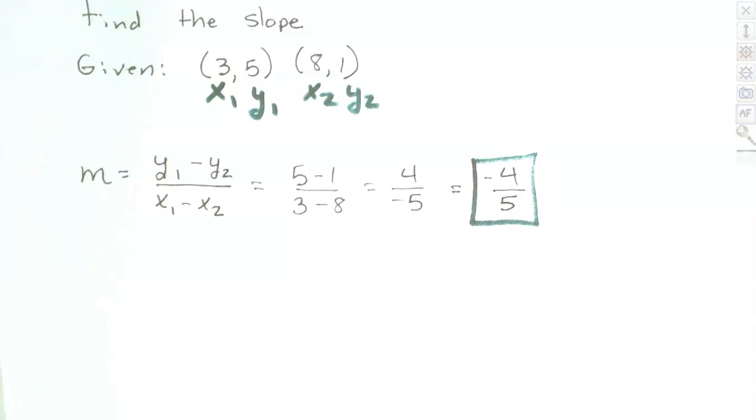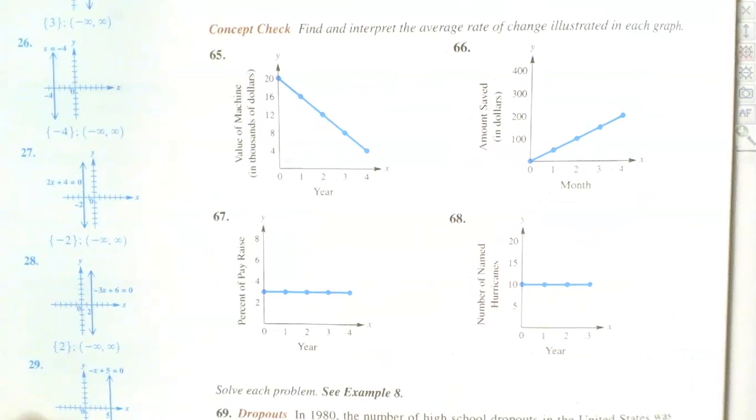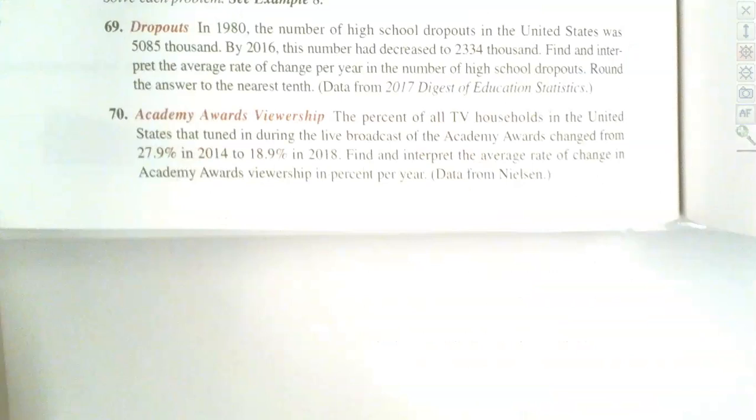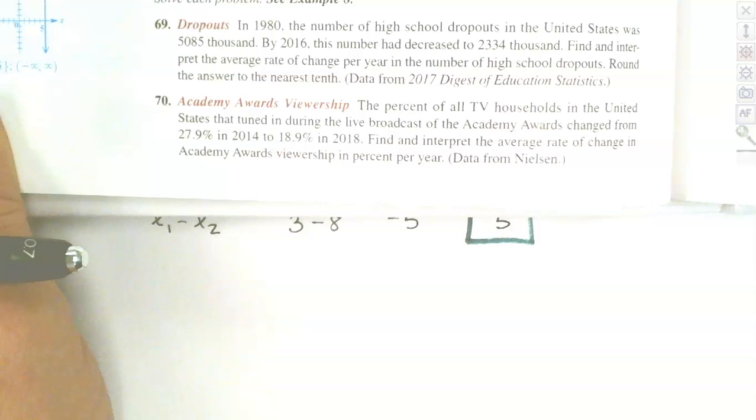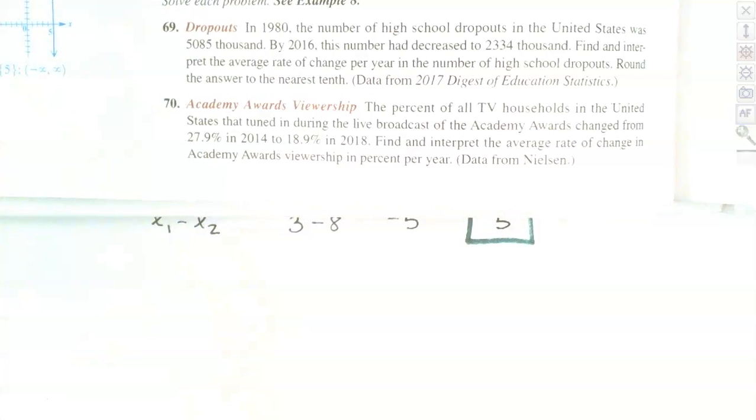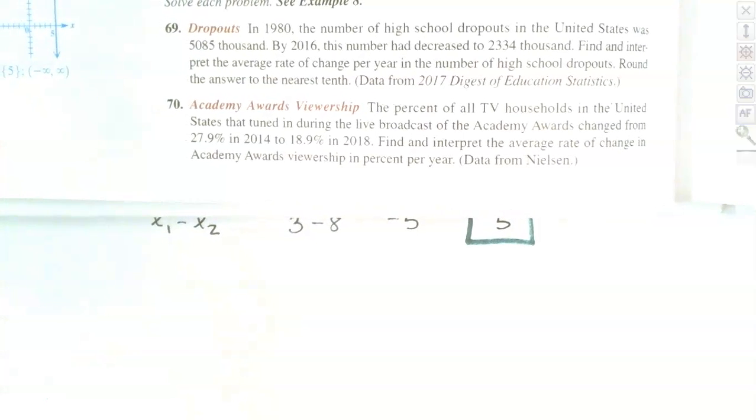Let me find a couple of them. Okay, let's look at question 69. If you don't have your textbook with you, that's fine. We'll put it up on the screen here. We're going to look at question 69, and then we'll do 70 as well.